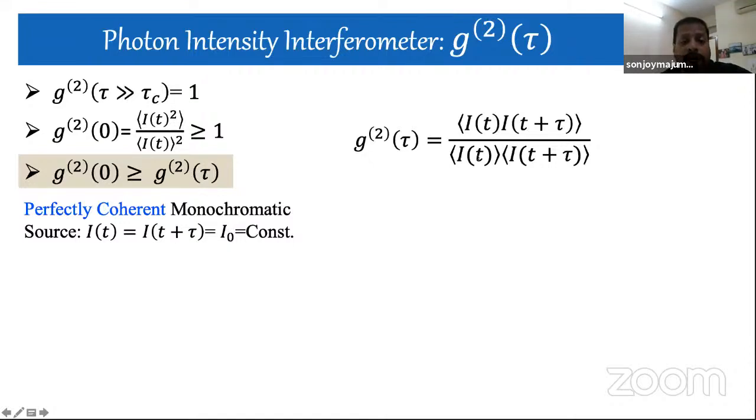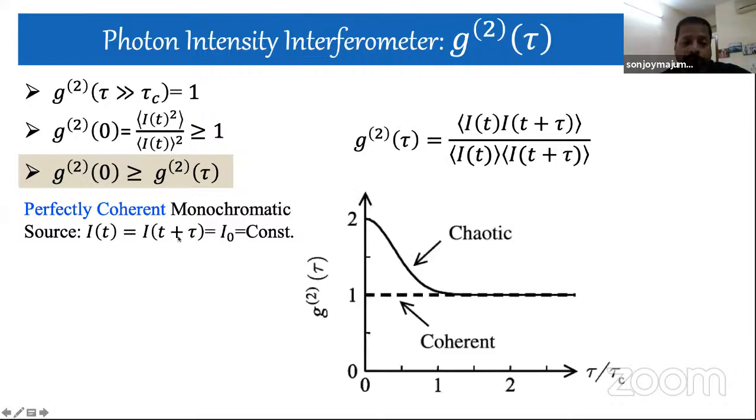If you put that in for perfectly coherent monochromatic light, this will become 1 again, because both terms are the same. There is no positive or negative variation, so numerator and denominator will be the same, and we get 1. And that is the feature you will see here.